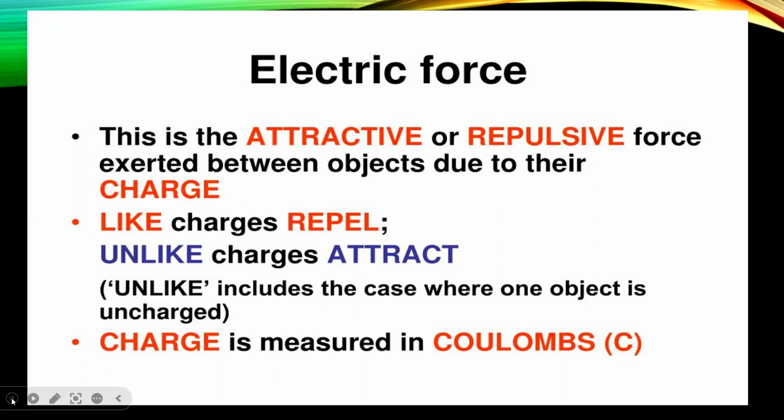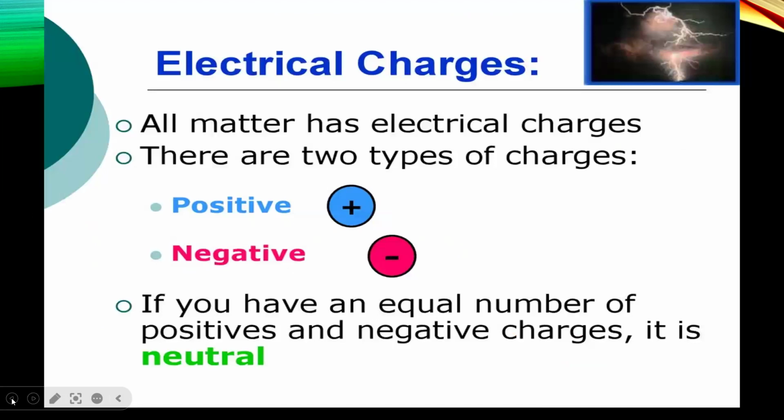Remember that like charges repel, for example positive and positive, unlike charges attract, for example negative and positive. Charge is measured in coulombs, or C. There are two types of charges in electricity, positive and negative charge. If you have an equal number of positives and negatives, that is neutral.